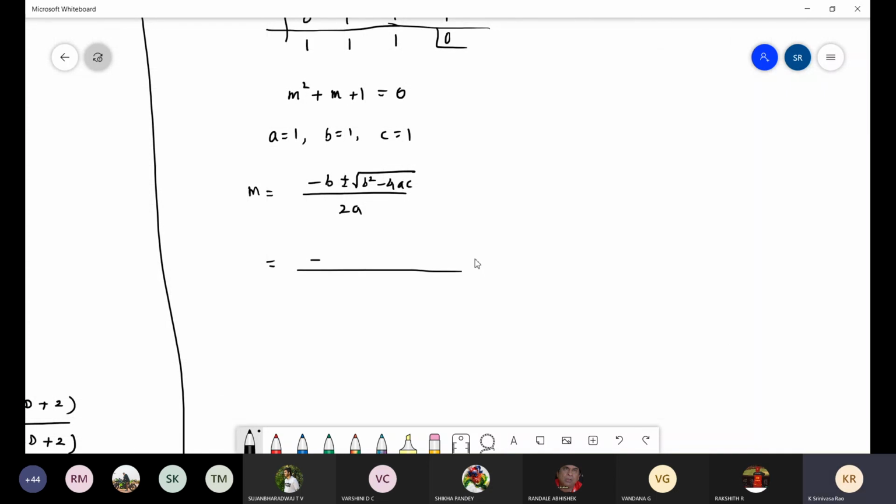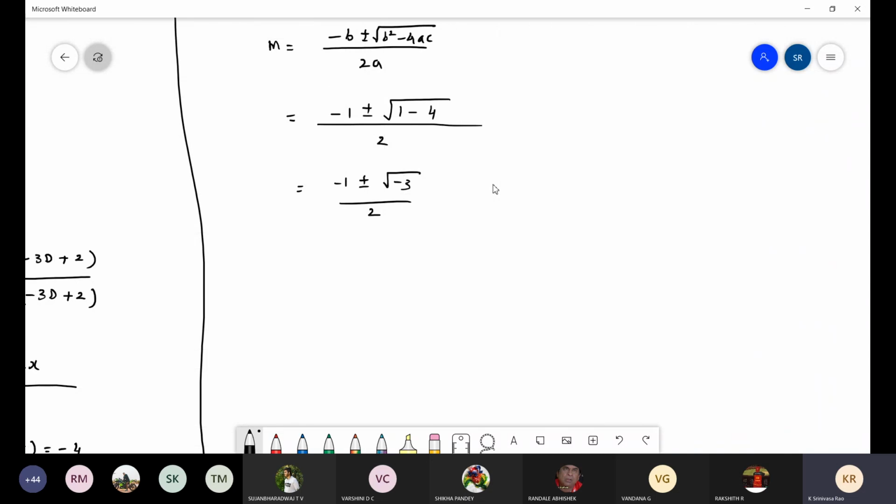Minus b means minus 1 plus or minus square root of b square is 1 minus 4ac is 4, divided by 2a is 2. So that gives minus 1 plus or minus square root of minus 3 by 2. This is nothing but minus 1 plus or minus i root 3 divided by 2.